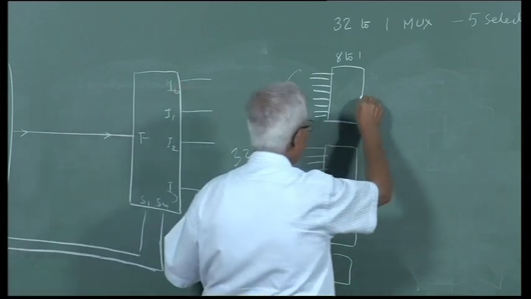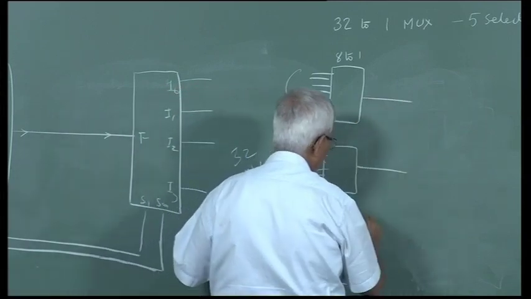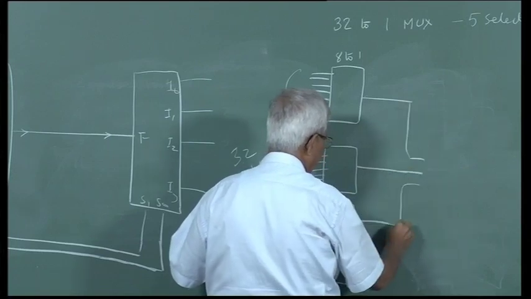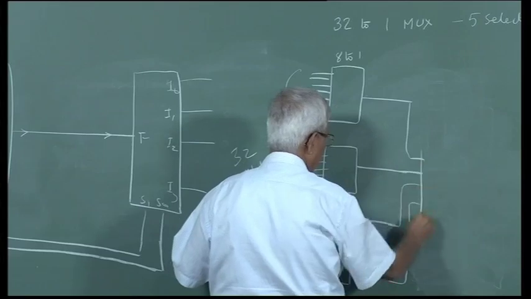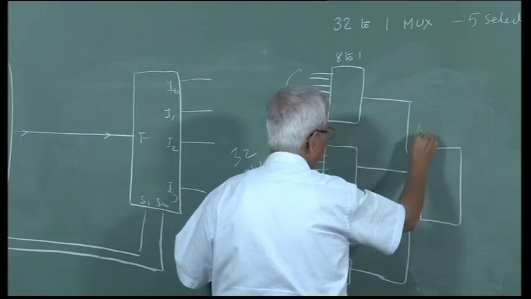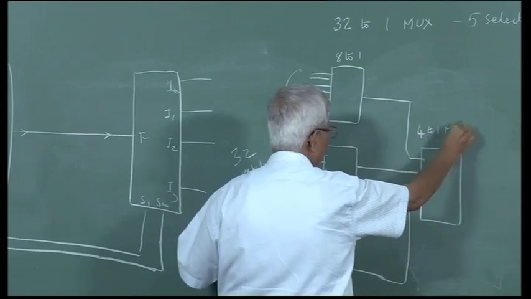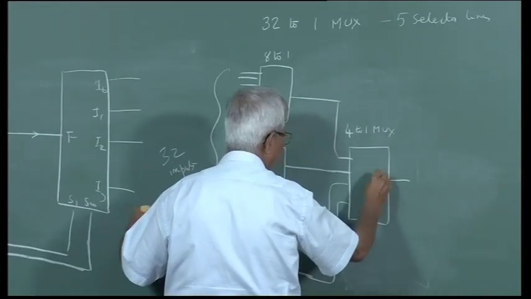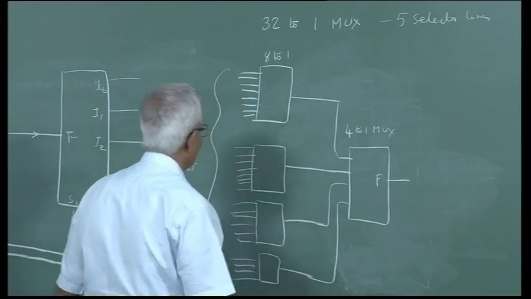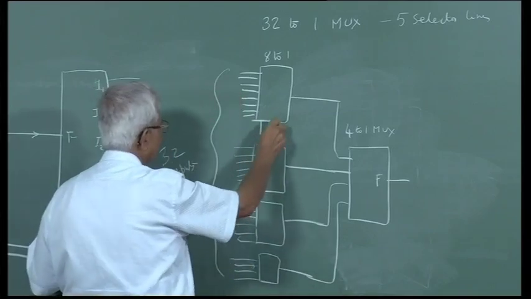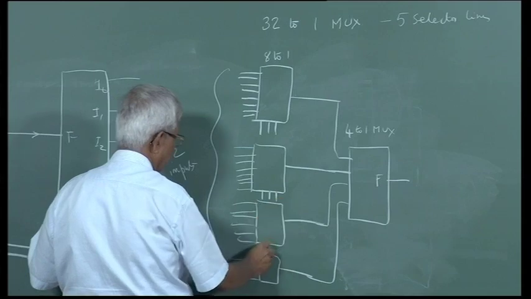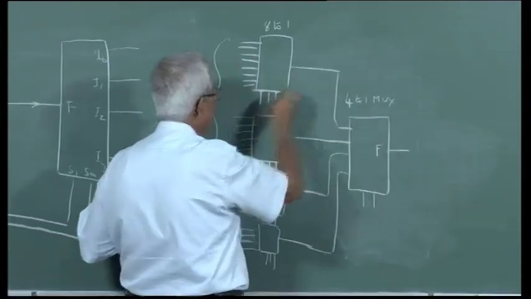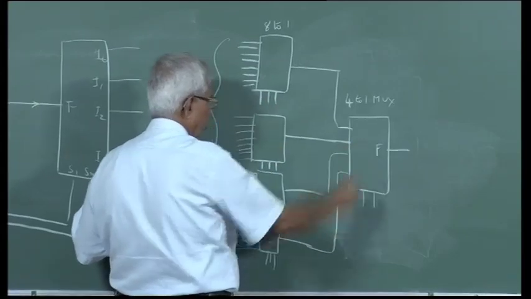This will have one output, this will have one output. This will be fed into a 4 to 1 multiplexer. An output will be selected from here. This will be my F. This will have 3 selector lines, 8 to 1. So 2 here. So totally 5 selector lines, 3 will be here, 2 will be here.